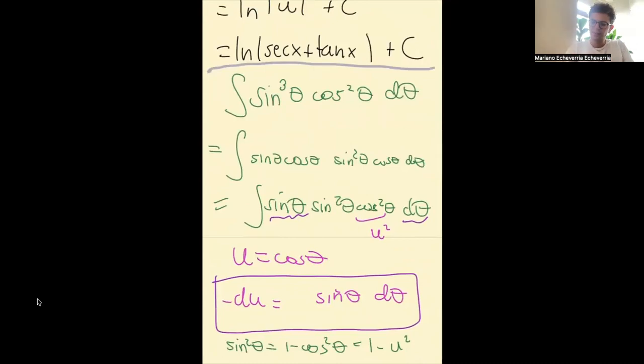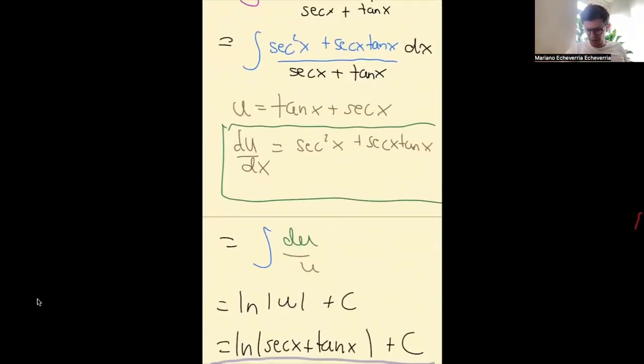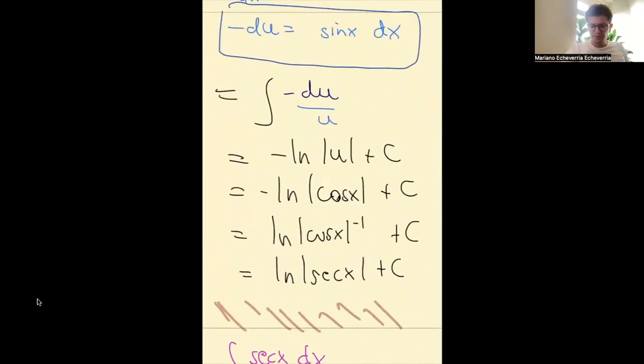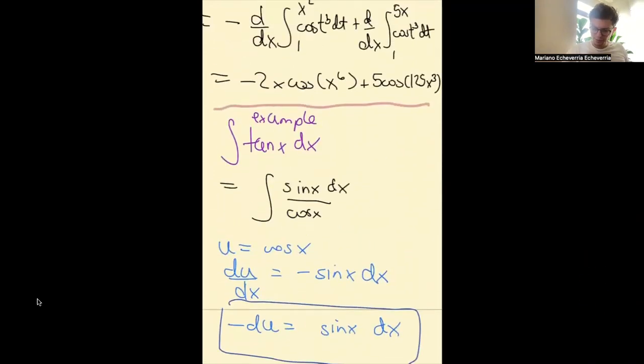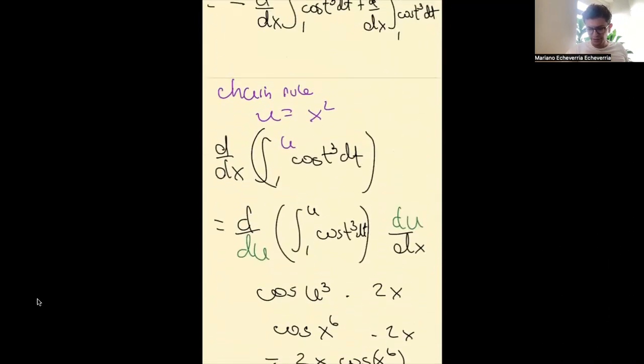Like this one, I wouldn't ask something like this unless I gave you the identity, but still I wouldn't do it. For this one, I don't think it makes a lot of sense to ask for something like this because no one will ever think about doing this unless you're told. But this one is more reasonable. This one is fine. Definitely these ones are fine.